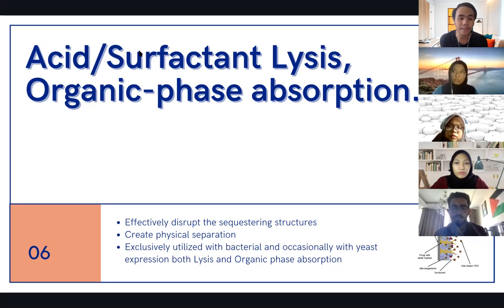These two substances have a similar function and are exclusively utilized with bacterial and occasionally with DS expression, with both lysis and organic phase absorption. As you can see in the right bottom, the image has bacteria and fungi. I'll pass this to Shanghami to explain the other steps of downstream processing, which are flocculation and precipitation.